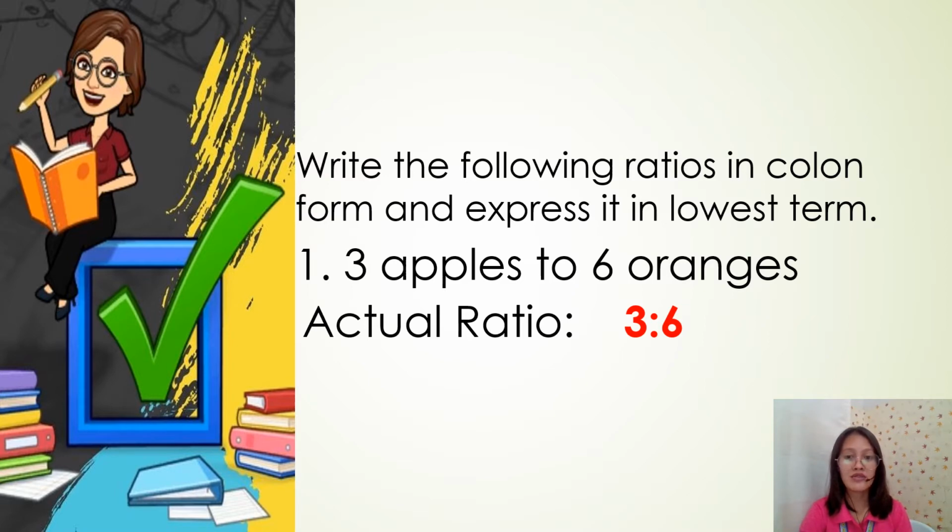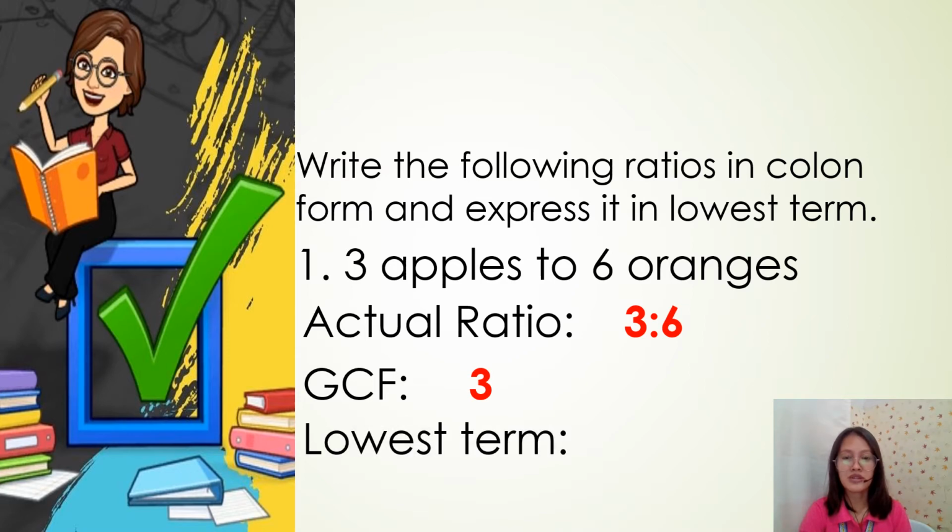What number can divide 3 and 6 equally without remainder? So our GCF for this given is 3. After getting the GCF, divide both terms to find the lowest term. 3 divided by 3, that is 1, and 6 divided by 3, that is 2. Therefore, the lowest term of our given is 1 is to 2.